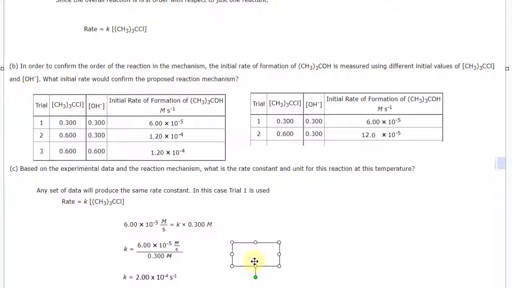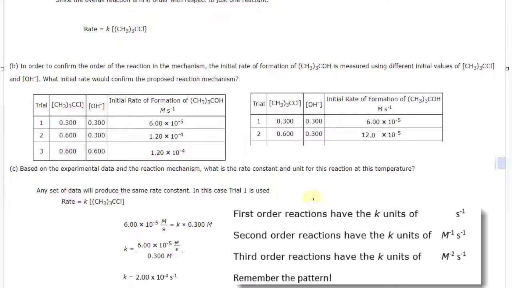And therefore, the unit for any first order overall reaction is per second, assuming that we have seconds here. It could be per minute, per hour, per millennia, as long as it is just per time. Because when we multiply per second times molar, we get molar per second. That's our unit. So remember that units are worth a point. Like I say, you could do this math wrong, or even not do the math, guess a number and write per second and probably get a point on an FRQ.